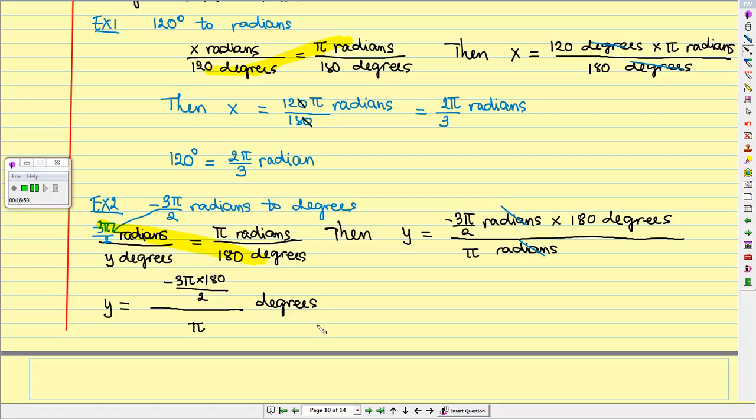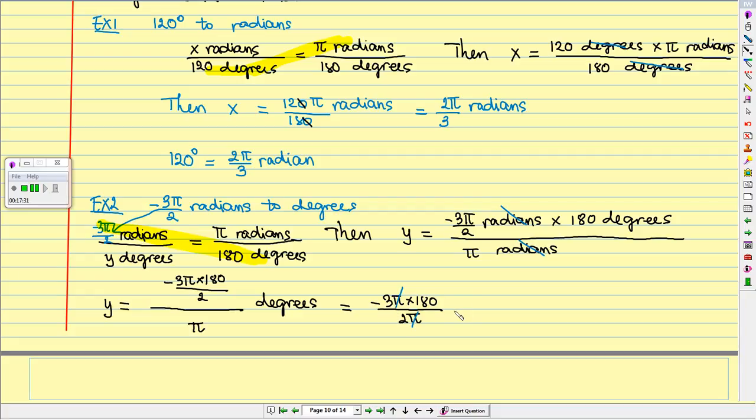The unit right now will be degrees. We continue to simplify. When we divide, we multiply by the reciprocal. So negative 3 pi times 180 over 2 pi. Next, we are going to reduce. The pi is gone.